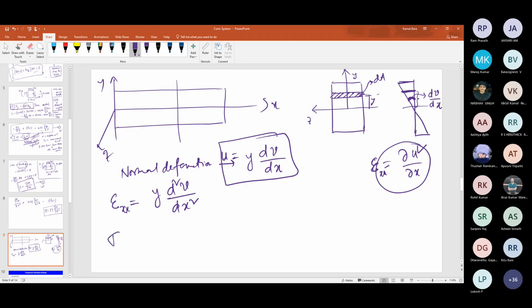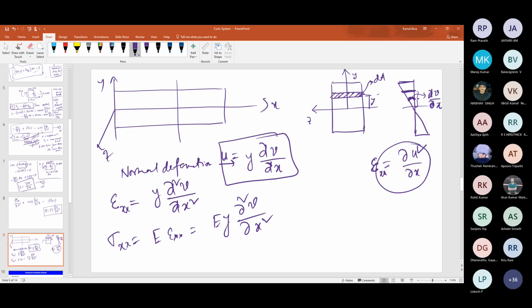Using Hooke's law, the normal stress will be E into epsilon xx, that is E y del 2 v by del x2. Let me just write del 2 by del x2, since there is time dependency.